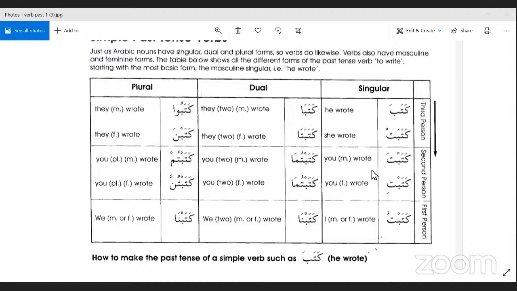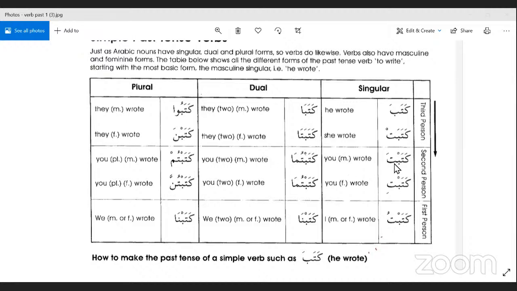So I covered both together. Katabtum is for the second person, and the suffix tum is showing that multiple males wrote. So the pronoun antum is hidden inside.